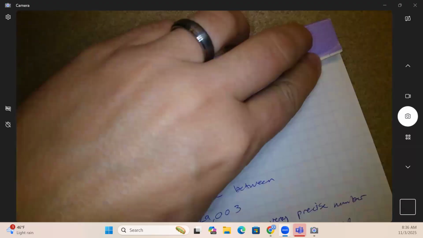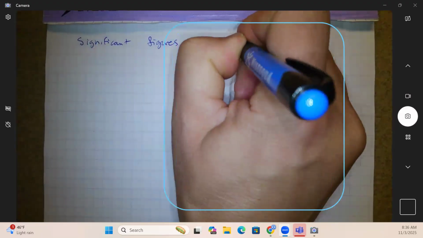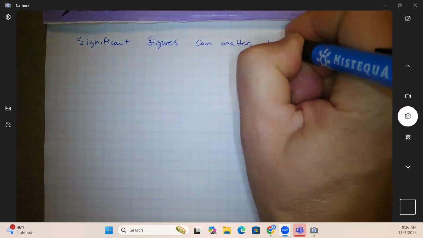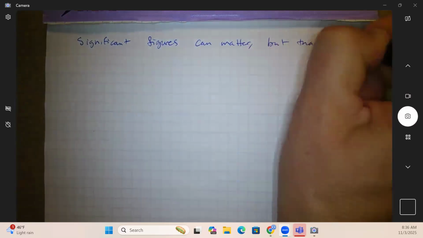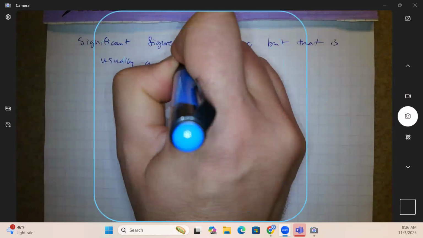Now, sometimes this really matters. Significant figures can matter, but that is usually a human choice.